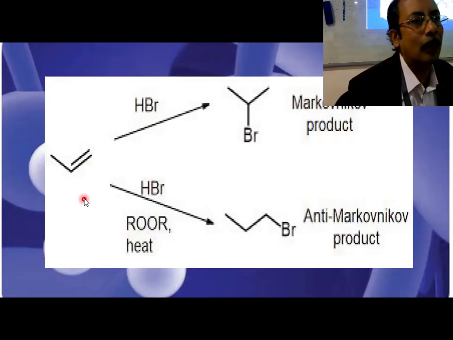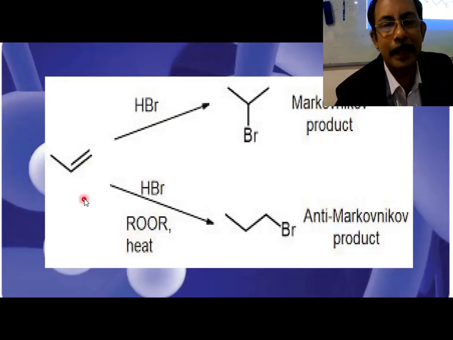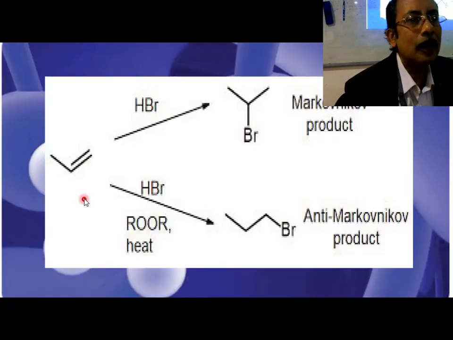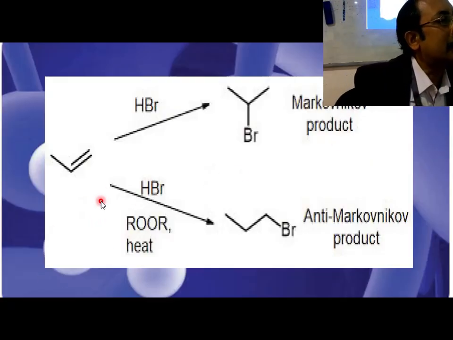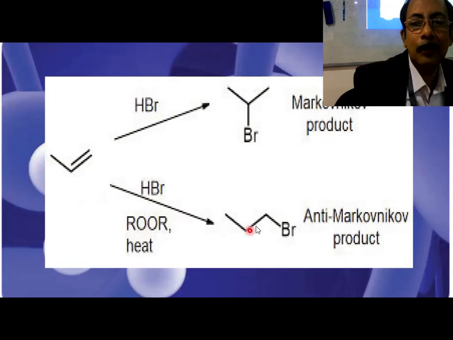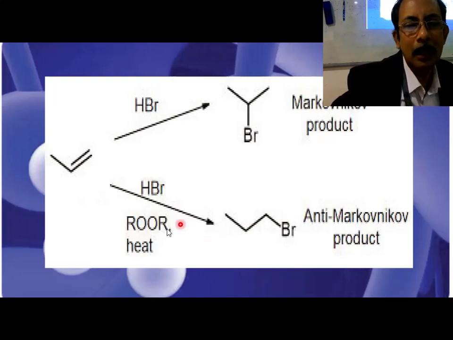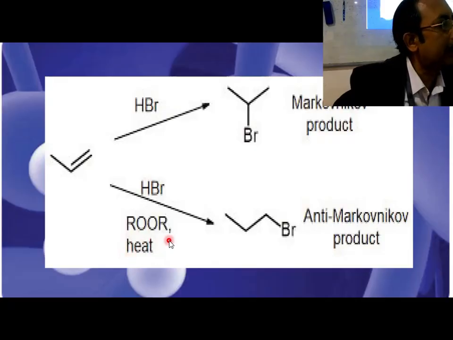Sometimes it must end; everything has some ending. So these three steps are there in the mechanism. A radical is formed, and that's why the anti-Markovnikov product is formed. And what is the condition? The conditions are heat or sunlight, ultraviolet radiation promoting the atmosphere.